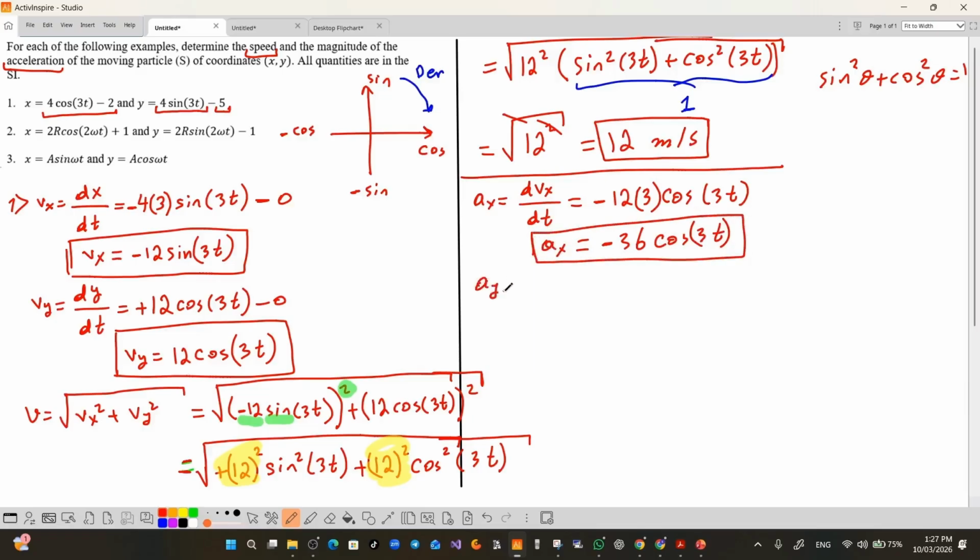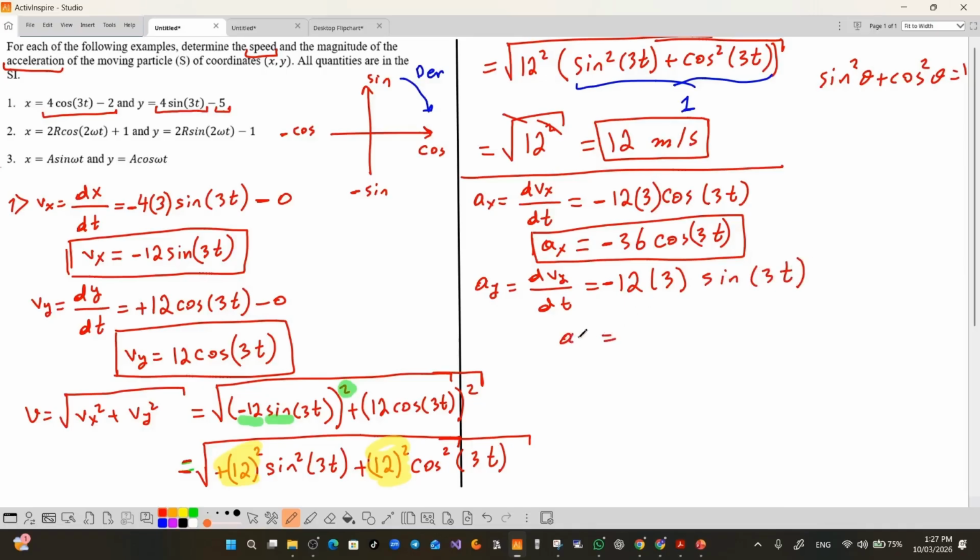What about the ay? So we have 12 cosine 3t, and for the derivative of the 12 cosine 3t, we keep the 12. The derivative of cosine is minus sine, so we place minus, and again we have to include the derivative of the inner function.